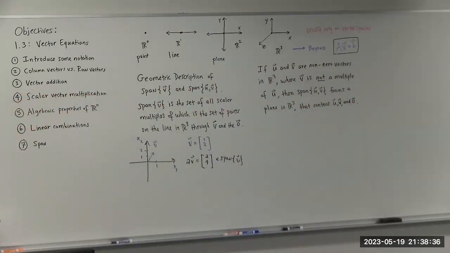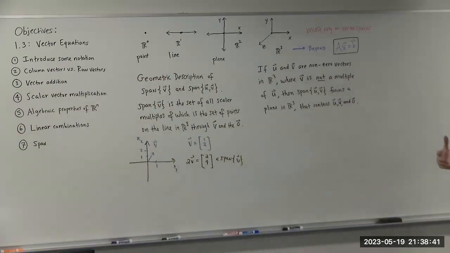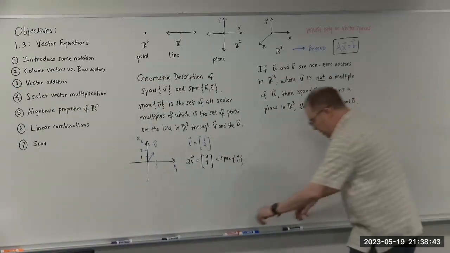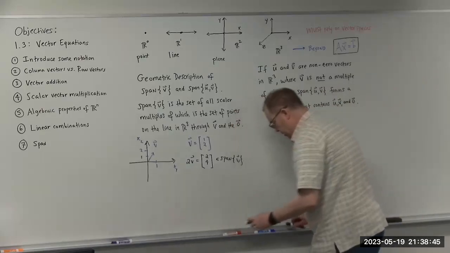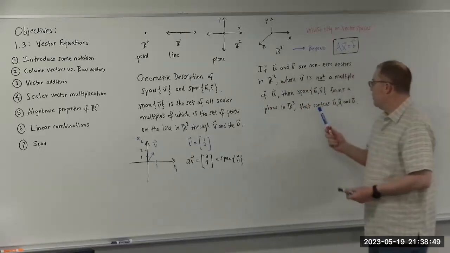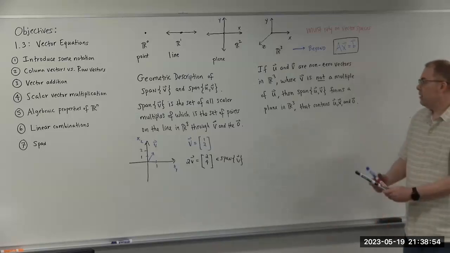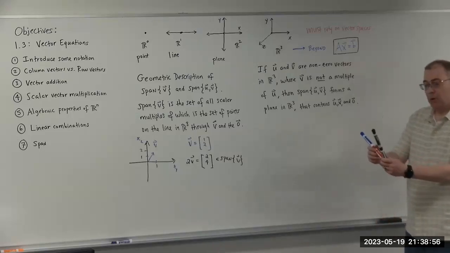So in other words, we're living in 3 dimensions. If you have 2 vectors, u and v, and they are not multiples of each other.